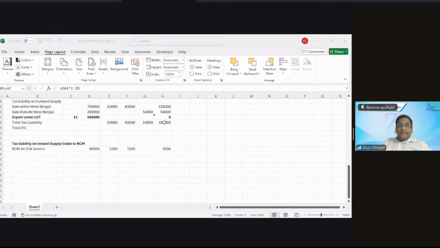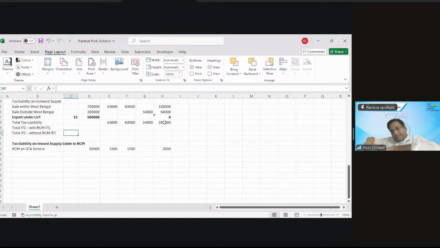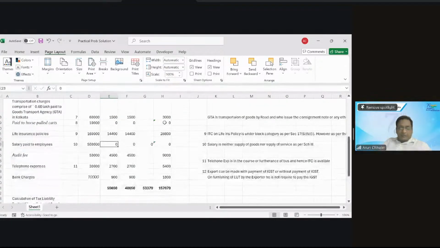And this total tax liability, other than this, we can use ITC. Now tell me, should I write here total ITC with RCM ITC or without RCM ITC? Just like to ask one question. Just I like to understand from you.